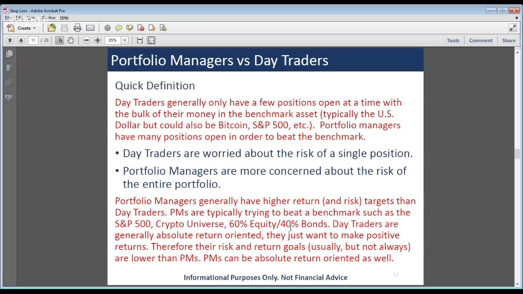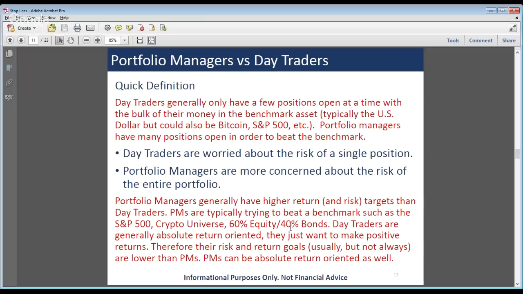In terms of risk to return, portfolio managers generally have a much higher return and therefore risk targets than day traders. Like I mentioned before, PMs typically have a broader benchmark to beat, whether it's the S&P 500 and so forth. Day traders are more absolute return oriented, so they just want to make positive returns. They don't want to go negative, they just want to be positive.